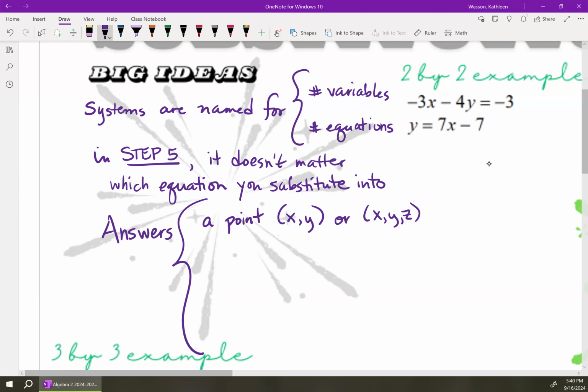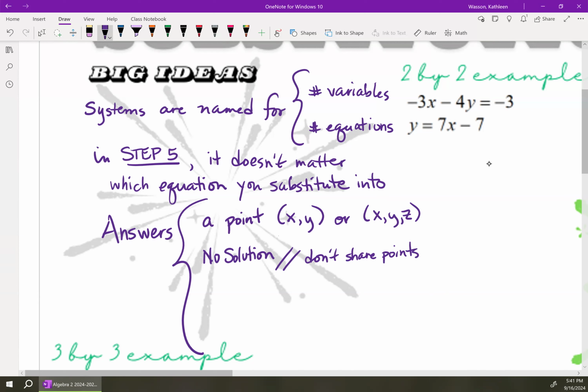You could also have no solution. When we graph, you have parallel lines, and these two lines don't share any points. The shared points are the solutions. So if they don't share any points, there's no solution.